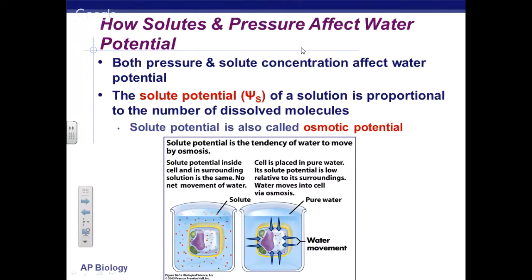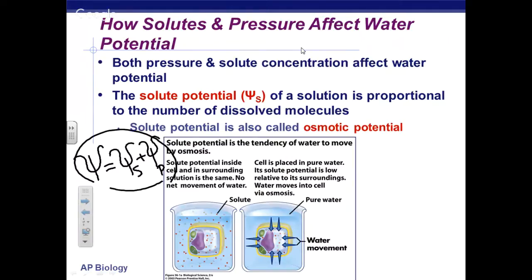It's also called osmotic potential. The equation for water potential is water potential equals solute potential plus what we call pressure potential.